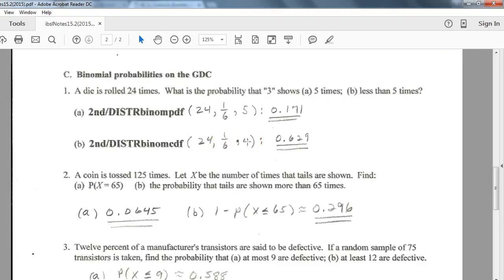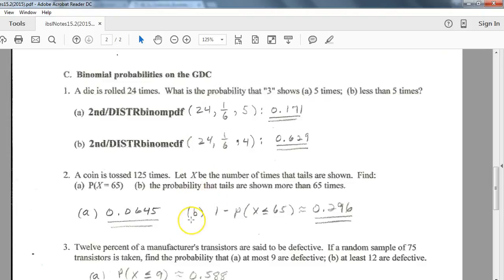If it said less than or equal to 5, then we'd be going up to 5. But in this case, we're going to do the cumulative button from everything up to 4, including 4. That's where the 4 comes from. Just choose that other option on your calculator, and those are the numbers that would go in.